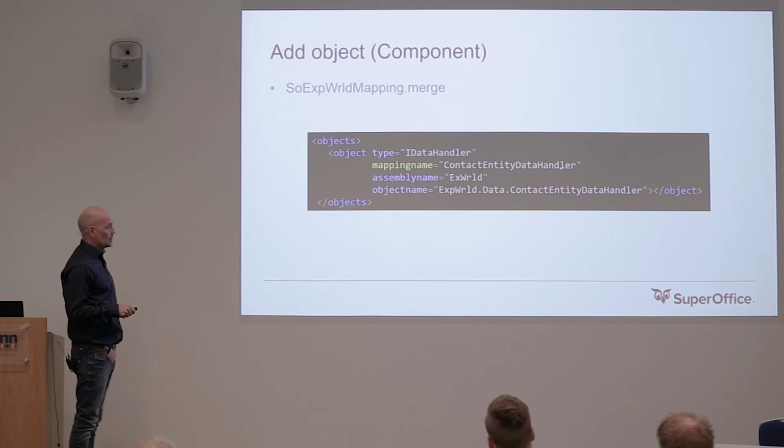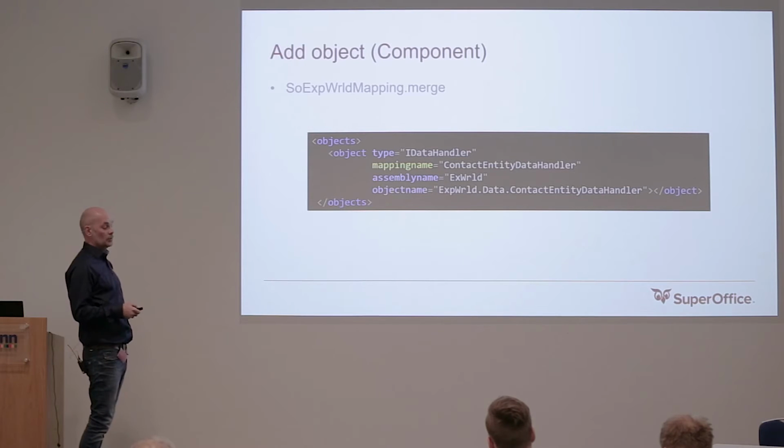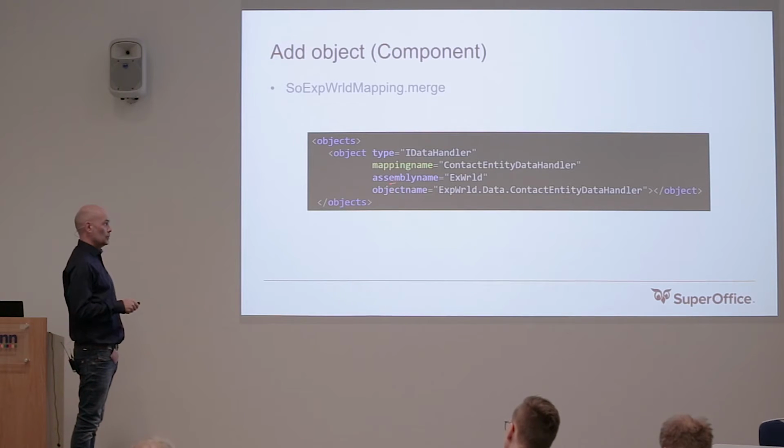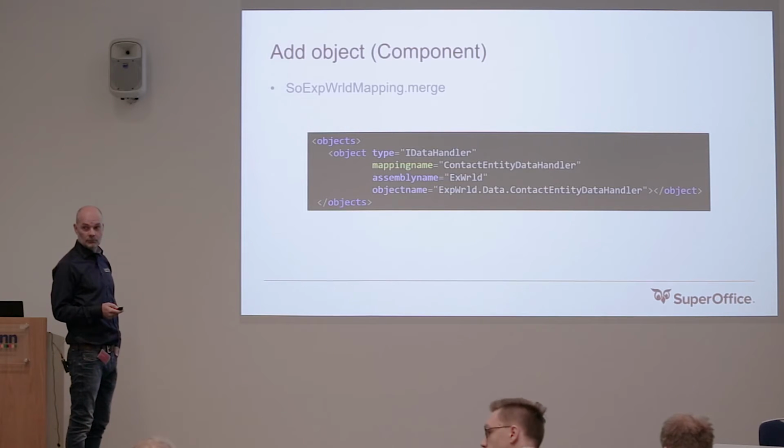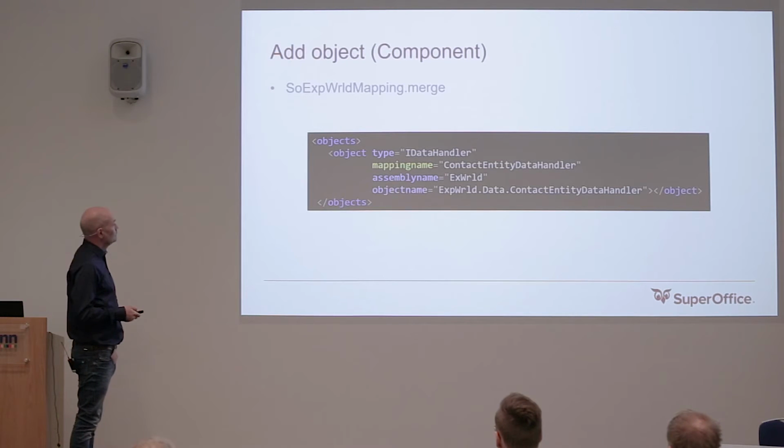That already exists in the client. So what you're telling it here is that this mapping name should now point to my own contact entity data handler. So you have made your own contact entity data handler, and everybody that refers to that type in the page configuration system will now use your contact entity data handler. It's instead of, and not in addition to, right? It's instead of. Okay.